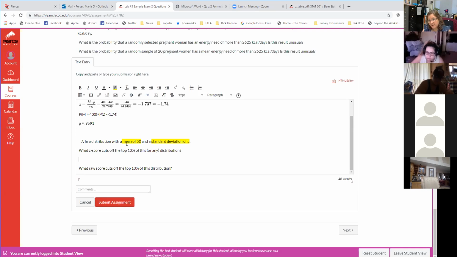We're looking for the z-score that corresponds to P greater than 0.10. Probability greater than 0.10. That's what we're looking for. What is that z-score? With me so far?